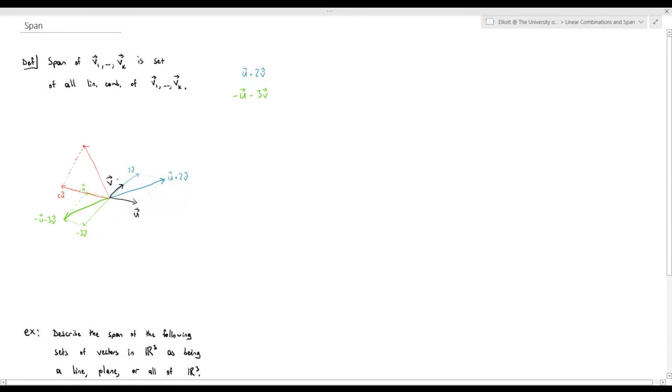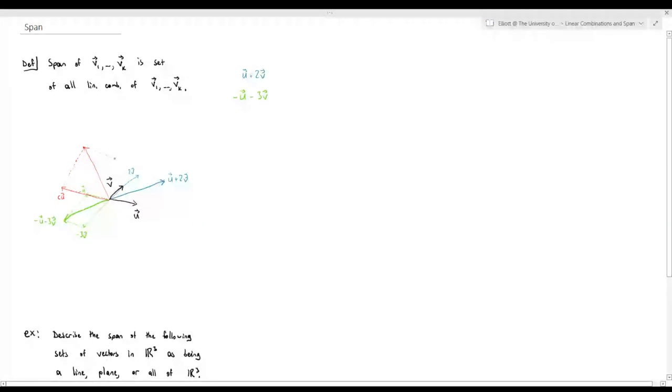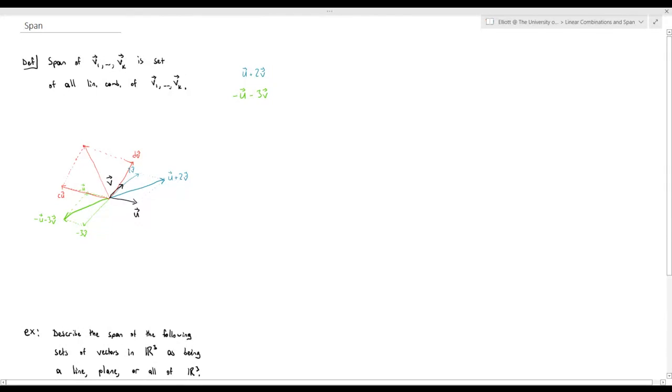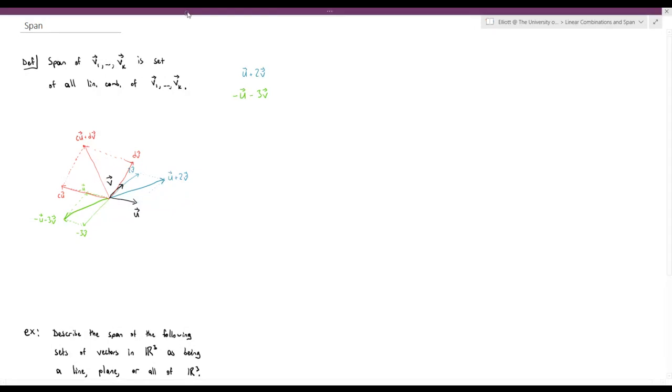And then let's say I were to multiply vector v by a scalar, that would bring me up to this point. So let's say that's dv for some scalar d. Then this vector here that I drew would be cu plus dv, because again, the sum is the diagonal of this parallelogram. Okay. So if you consider the set of all the points in this plane, all of those points can be represented as a linear combination of the two vectors u and v.